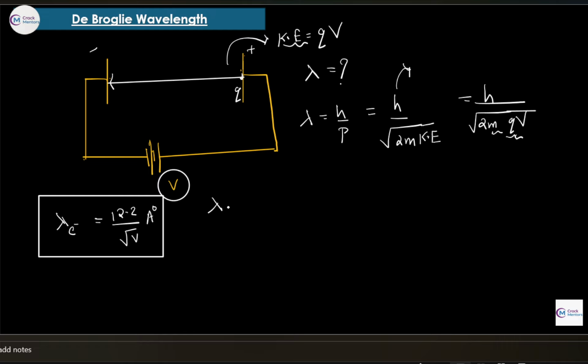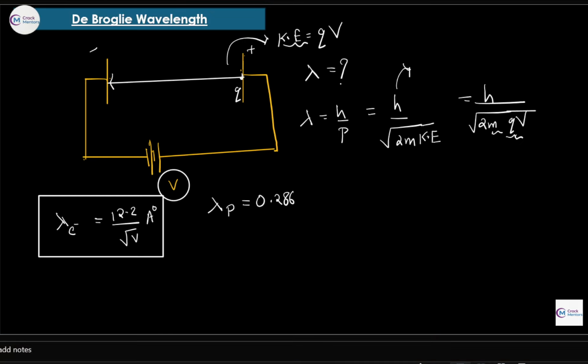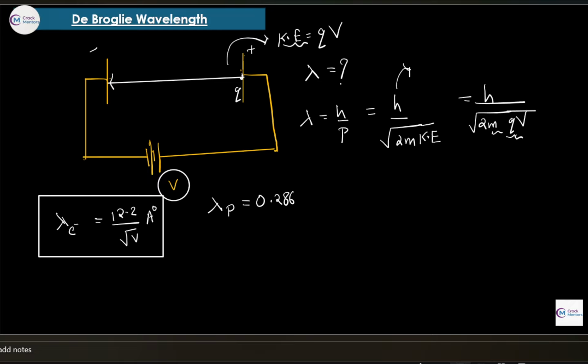And if we are talking about, let's suppose, a proton, then the value is 0.286 upon under root V angstrom. This is the lambda of the proton.